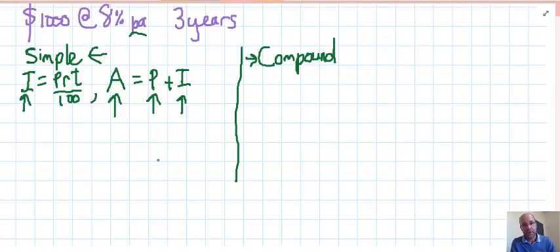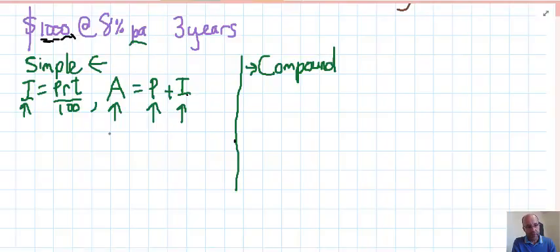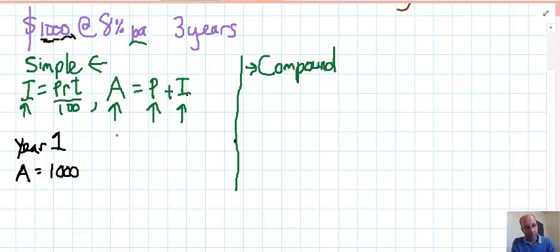So for year one, if we look at the first year, you've borrowed $1,000. Now I'm going to deliberately sidestep the formula for a minute and go on a year-by-year basis. Year one, the amount you have is $1,000, which is the principal, plus the interest.